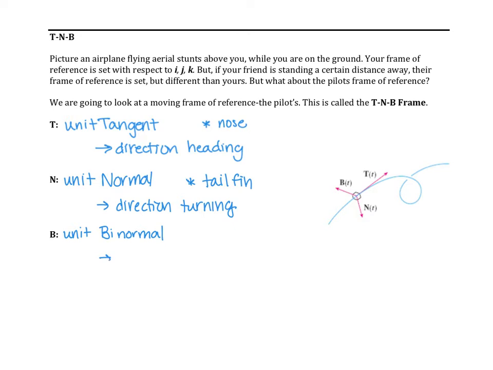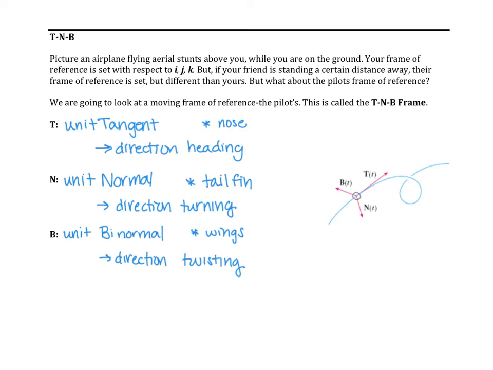And this is, for lack of a better term, the direction the particle would be twisting. If we're going to be perpendicular to the nose and the tail fin at the same time, the only thing in our representation of a plane would be the wings. Okay, so this is the TNB frame.